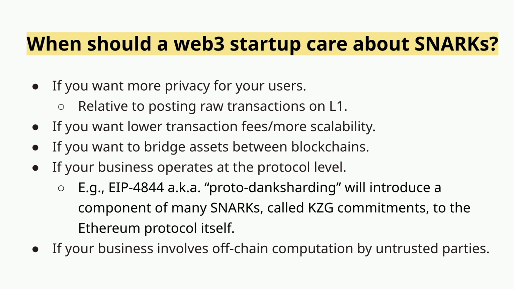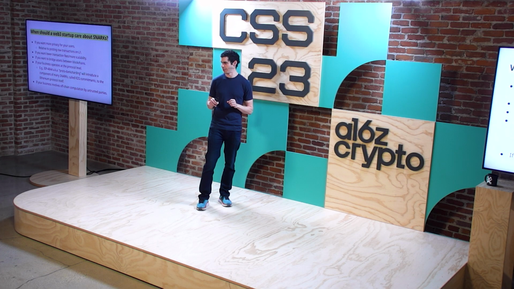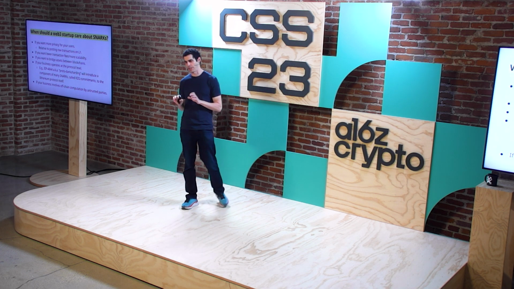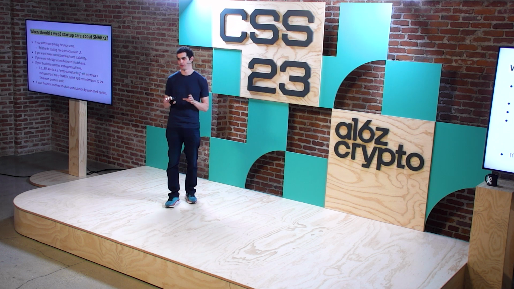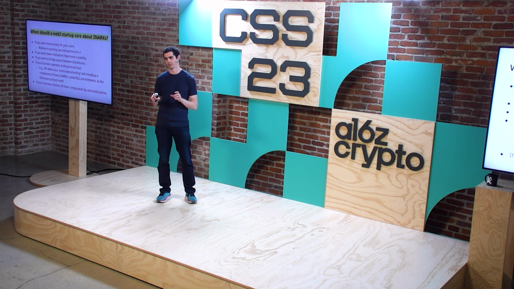Anything that involves off-chain computation by untrusted parties. Every day we see new advances in AI, and it's becoming clearer and clearer that it's going to transform society in unpredictable ways. Right now, those models and the ability to train those models are gated by a handful of entities.